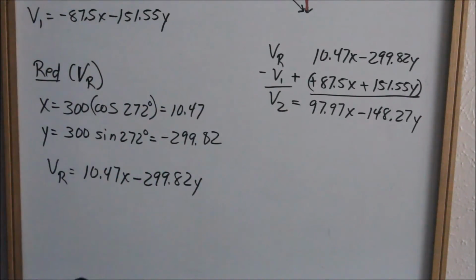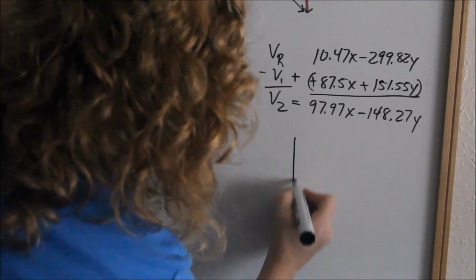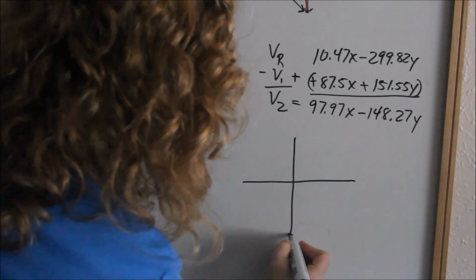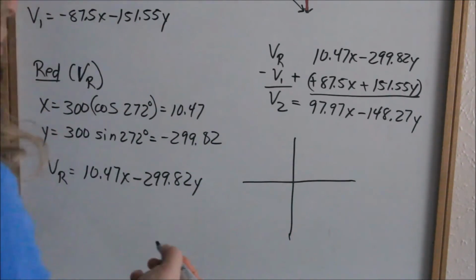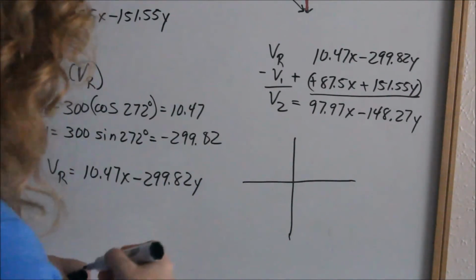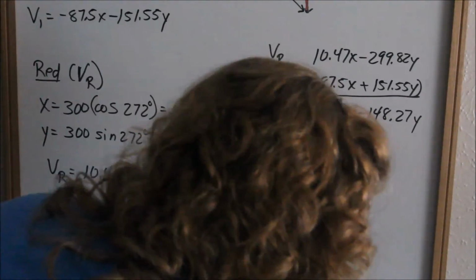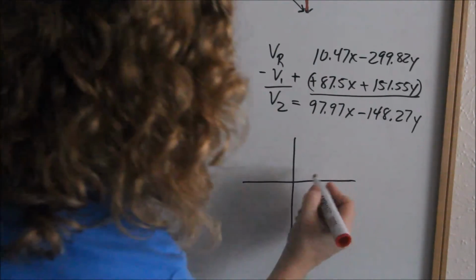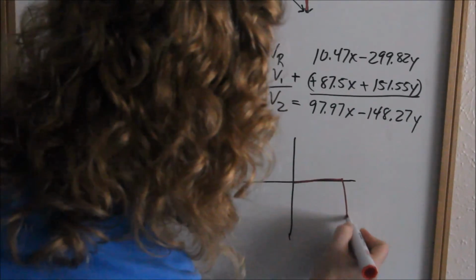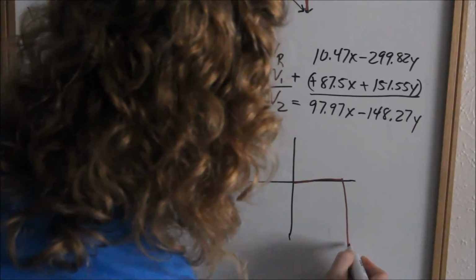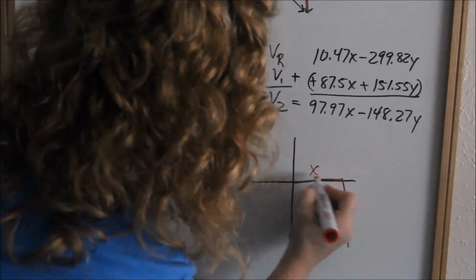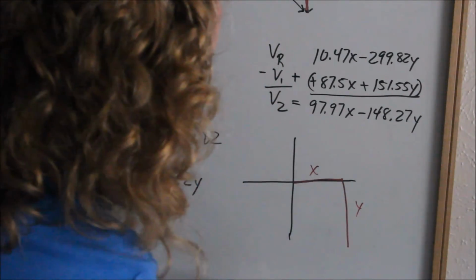I normally like to redraw my picture so I can see what it is I have. Earlier I said the second vector should be in the fourth quadrant. So if I go over in the positive x direction 97.97 and then down 148.27, because negative is down, then that is my x direction, that is my y direction.